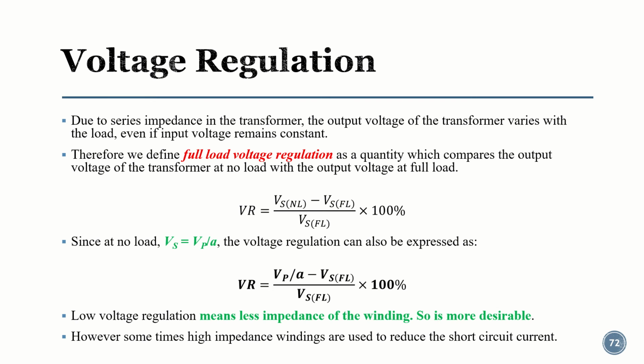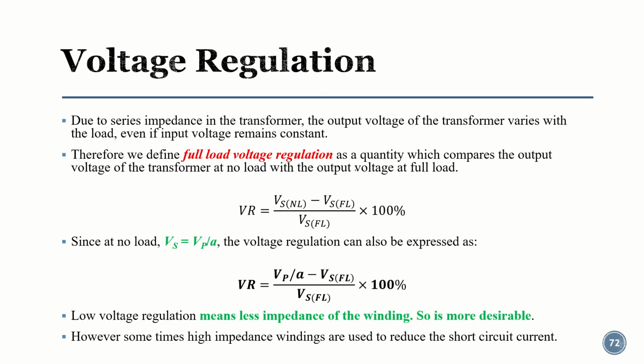Another concept in the transformer is voltage regulation. The meaning of voltage regulation is that if you are making a variation in the load, it is the analysis of the variation in the load voltage of the transformer due to the impedance. You are supplying some voltage and you are getting some variation at the load side. So how can we calculate that?